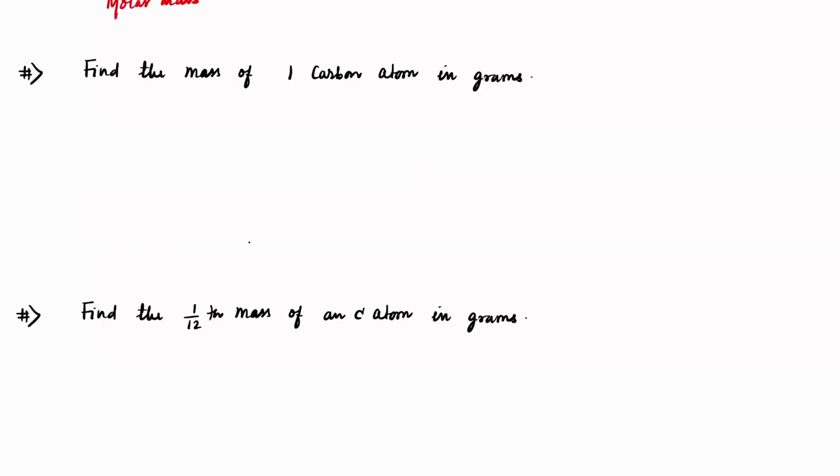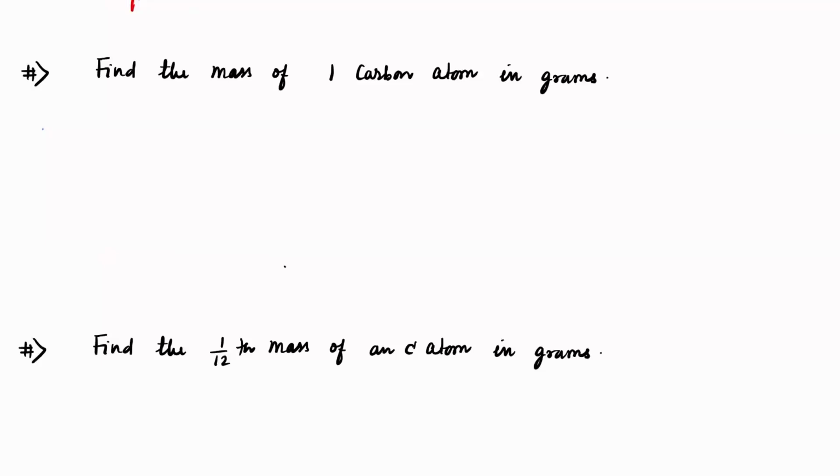We know that the mass of Na carbon atoms is equal to 12 grams, right? So the mass of one carbon atom will be equal to 12 by Na.